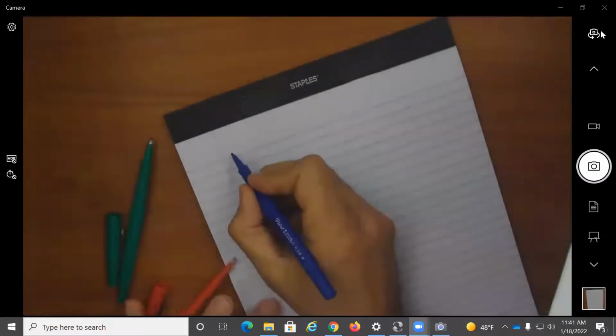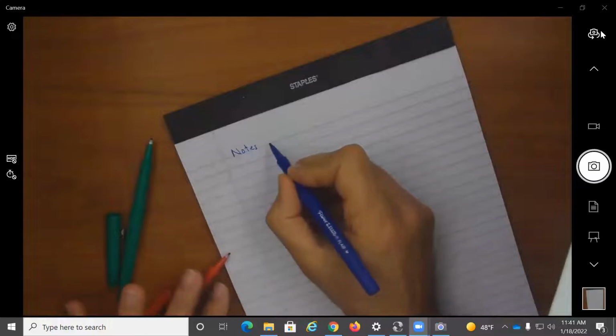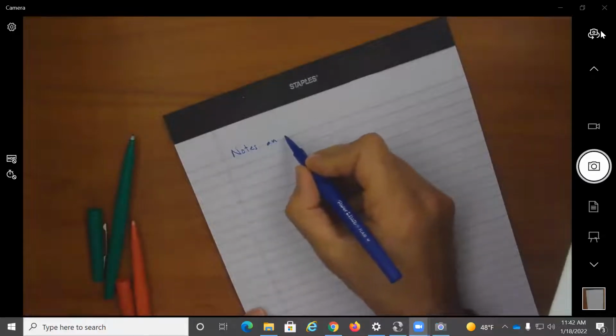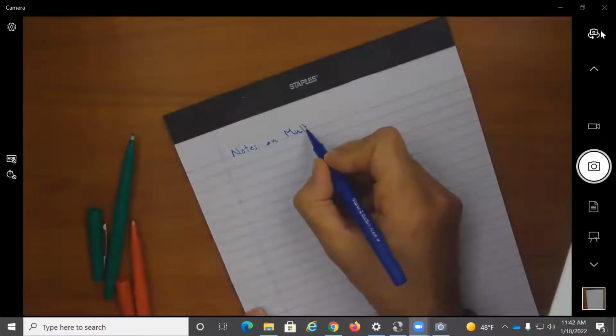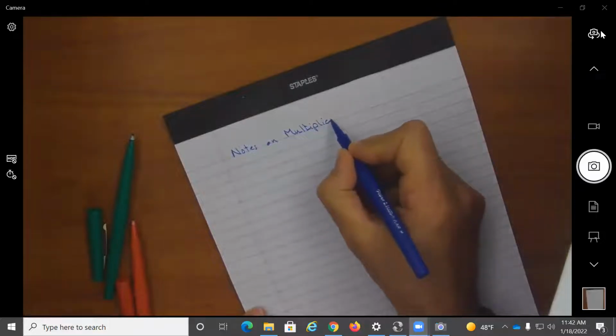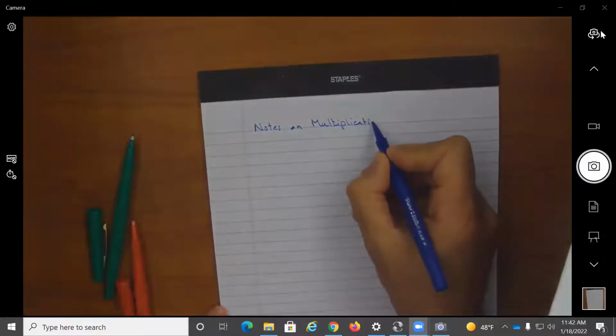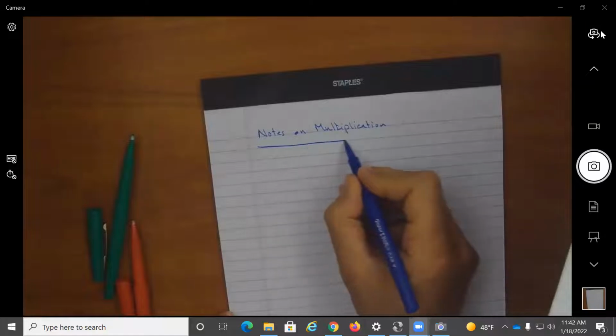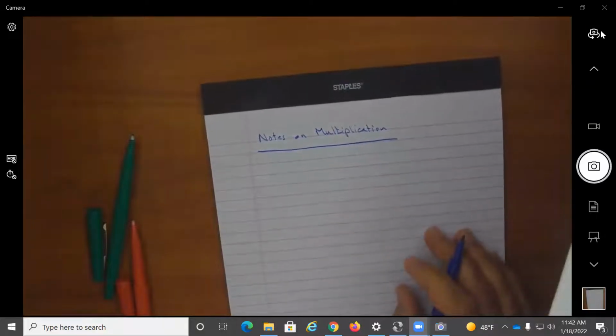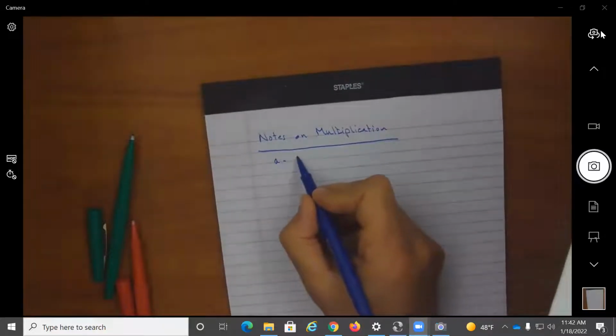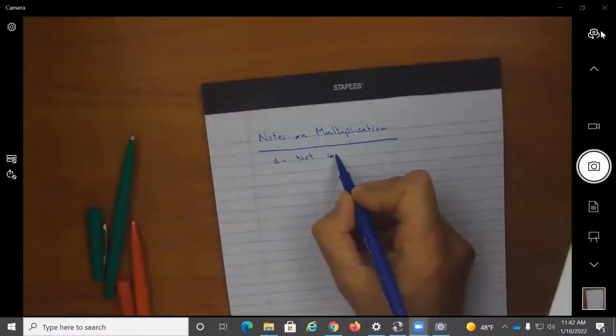Some quick notes on multiplications. A, it is not commutative.